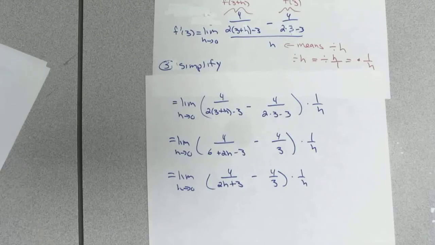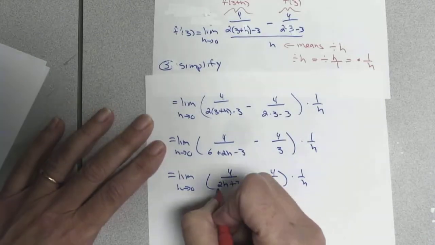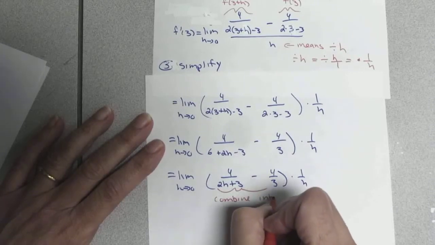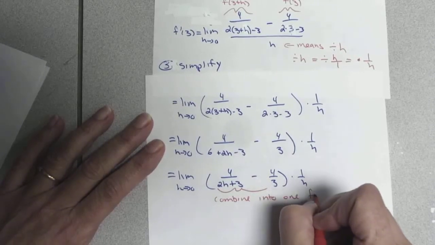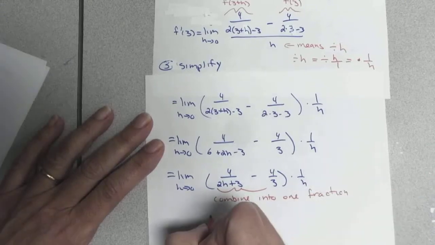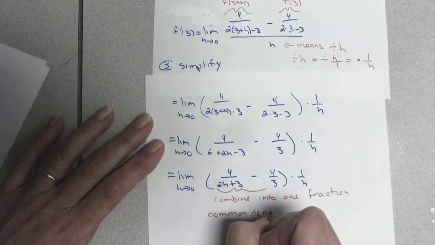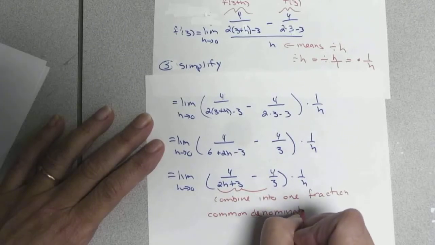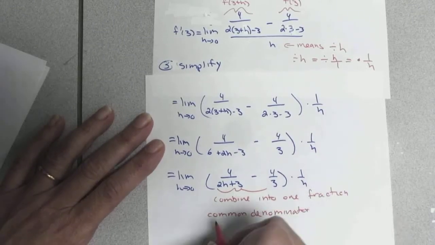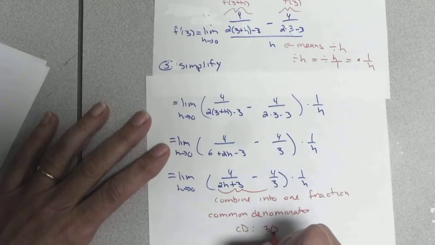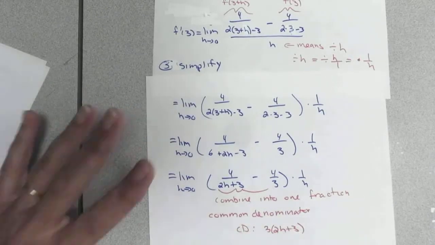At this point, what I want to do is combine these into one fraction with the common denominator, which we will always in this class call CD, of 3 times 2h plus 3.